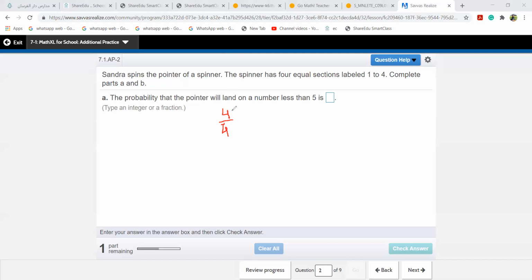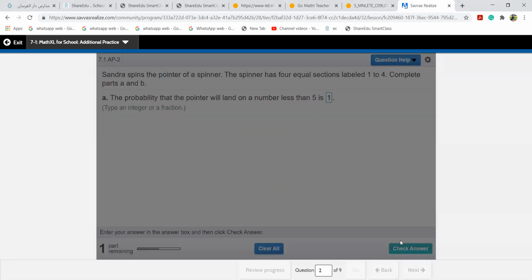Tell me. 4 out of 4 is 1. Remember that any number out of the same number, like 3 out of 3, is 1. They are the same, it is 1. So let us put 1 here and check whether it is right or wrong.